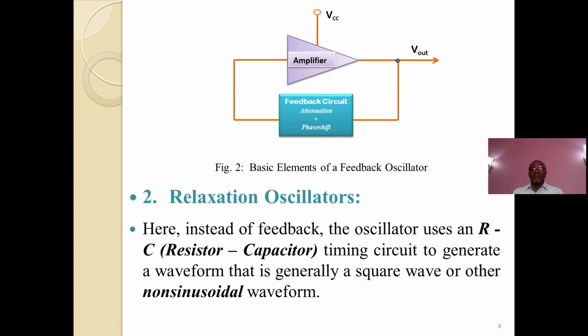So we have seen from the first one to a step further that this feedback we saw in Fig 1 produces attenuation and phase shift. We will concentrate more on these feedback oscillators in this lecture and our next lecture.